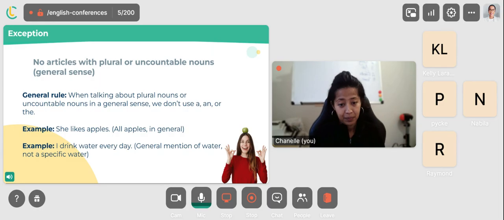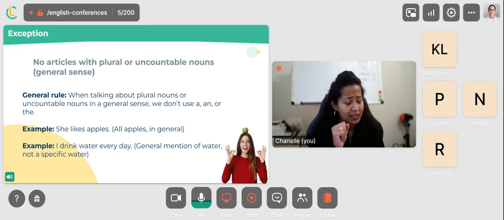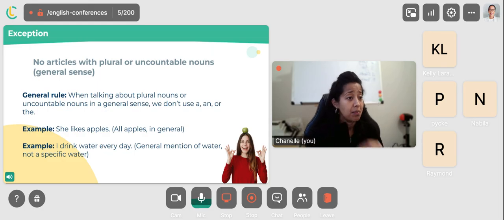For example, she likes apples. So she does not like a particular kind, she likes them all in general. I drink water every day. It means it's a general mention of water. It is not a specific kind of water or brand of water.